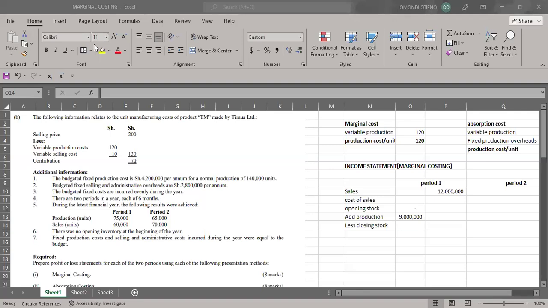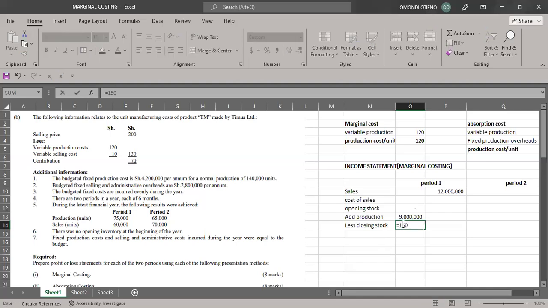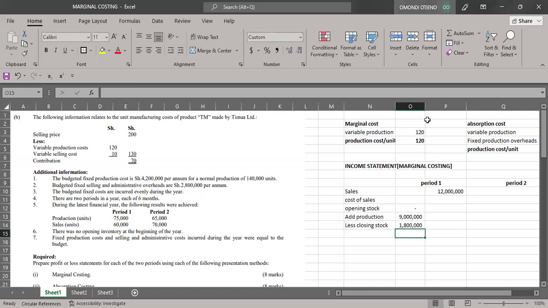Somebody? What is the quantity of our closing stock? Our closing stock is equal to 15,000, right? So 15,000 multiplied by the production cost per unit under marginal costing, which is 120.